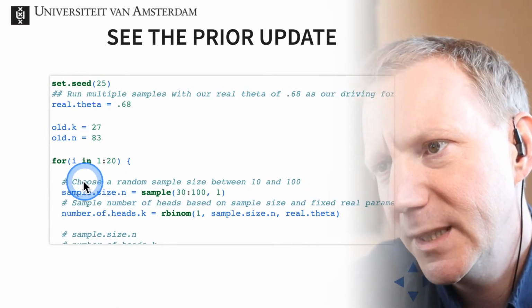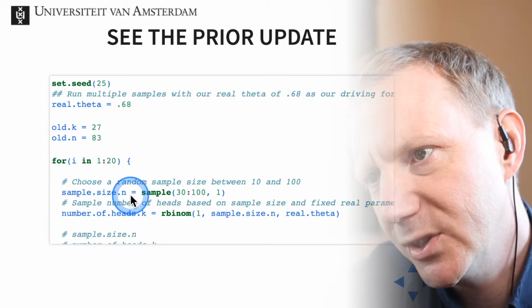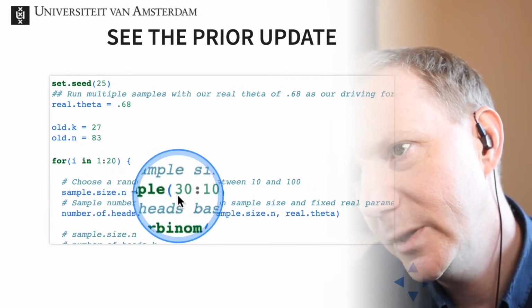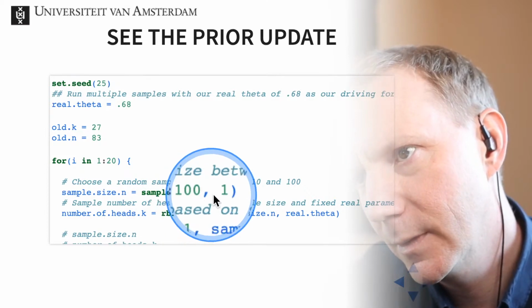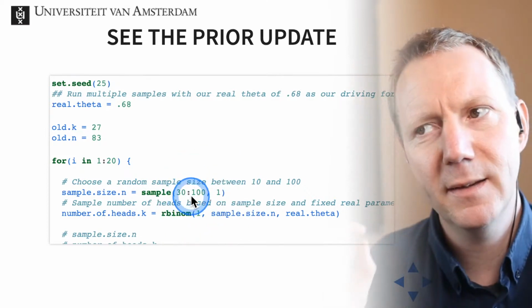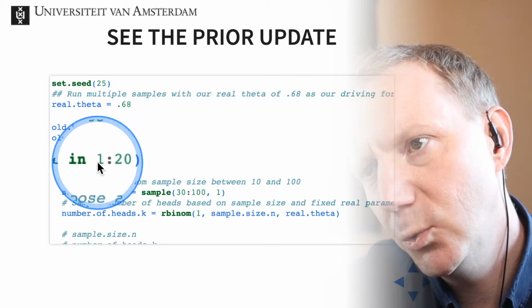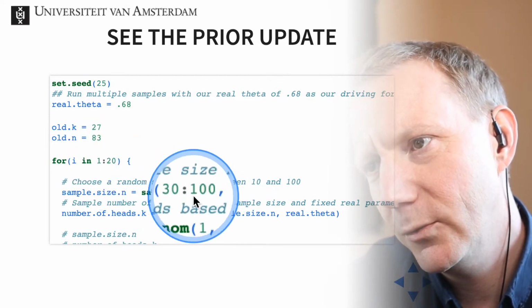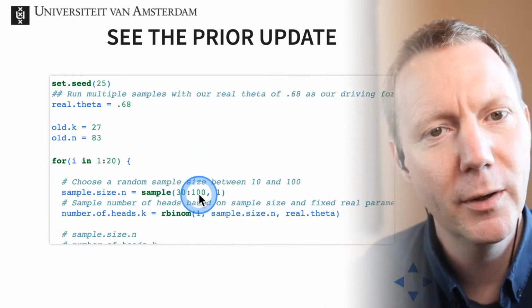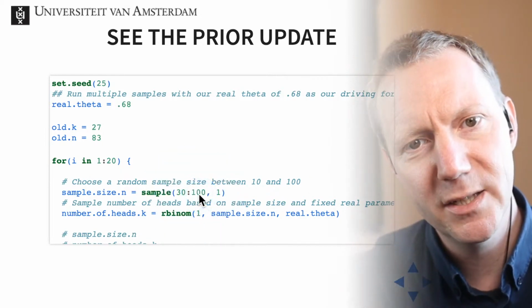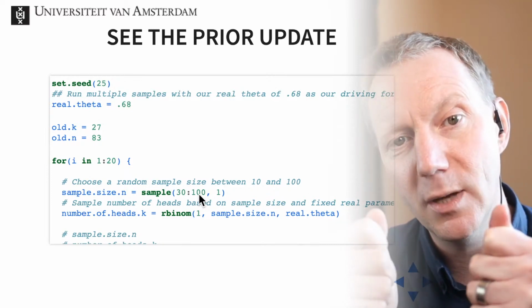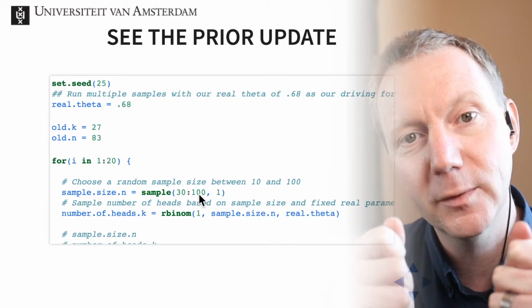So what we're doing now is we're taking a sample with sample size n of somewhere between 30 and 100. This means that I'm going to do 20 replications of this study with somewhere between 30 and 100 people. It also shows you that within Bayesian statistics, you don't have to replicate the exact same way as you would with frequentist statistics.